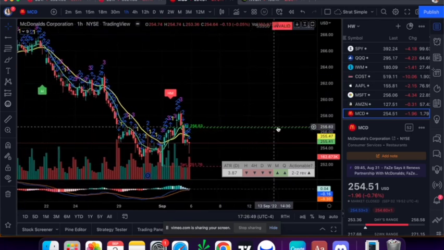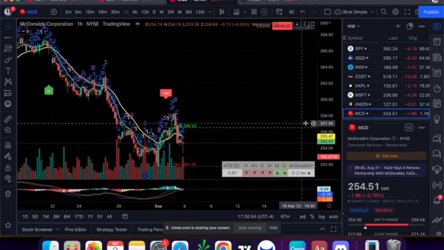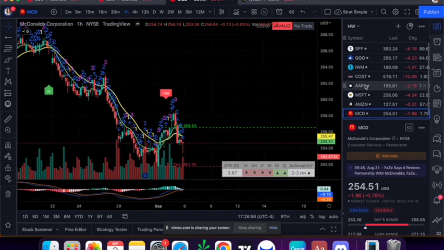On the smaller time frames they move in tandem, or kind of exactly alike. I usually do that with Apple and Microsoft because they're such a big part of the Qs and SPY, but I wasn't hardly looking at the smaller percentage ones, like Costco and McDonald's. I really wasn't paying attention to that.